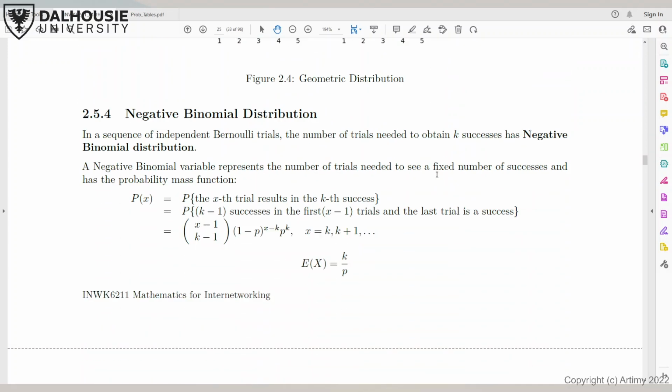The next distribution is called the negative binomial distribution, and this should give you a hint on the nature of this distribution. We looked at the binomial distribution, which represents the number of successes in n trials. Here we ask how many trials we need to get n successes.